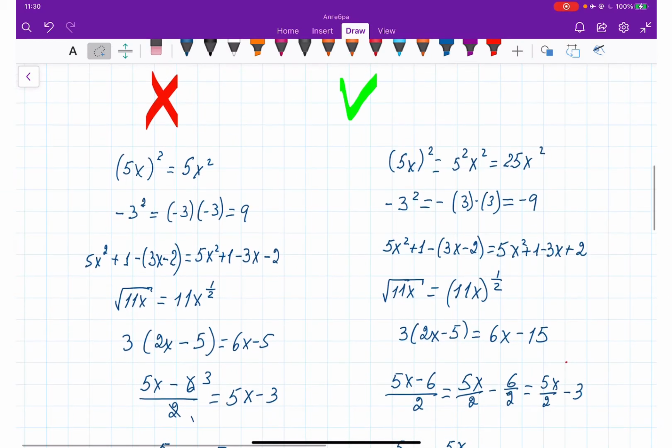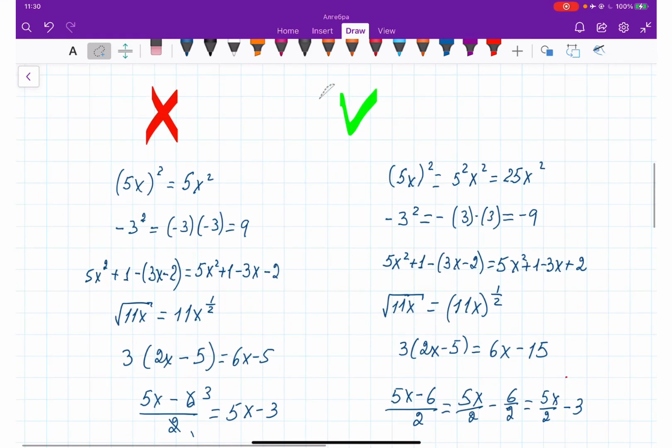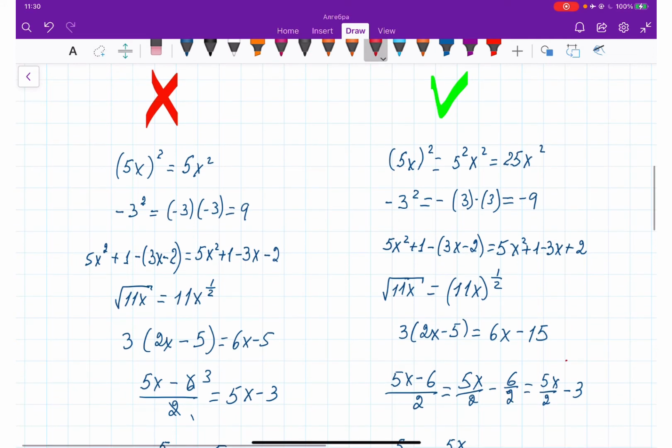Okay, in this video I'm going to go over common mistakes that students usually make and that I have observed in my practice. So let's start with 5x squared.